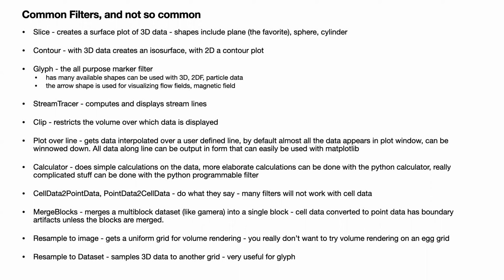Plot over line is useful because you can put a line anywhere in the 3D data domain and interpolate all of the data onto the line. By default, it gets its own plot window, which almost always is not very useful because it tries to plot every variable at the same time, and the scales are just crazy.